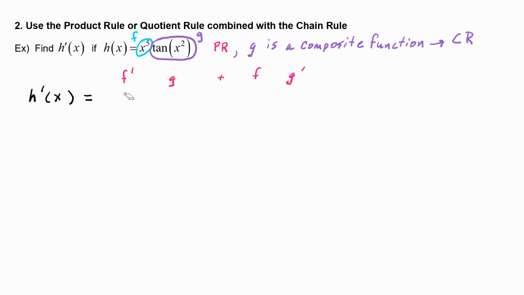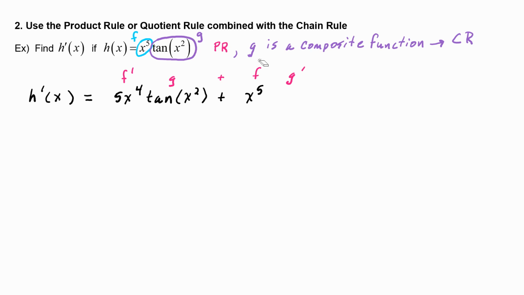So then f prime means we have to take the derivative of x to the fifth, so that will be 5x to the fourth times g, which is tangent of x squared. We bring down the plus sign.